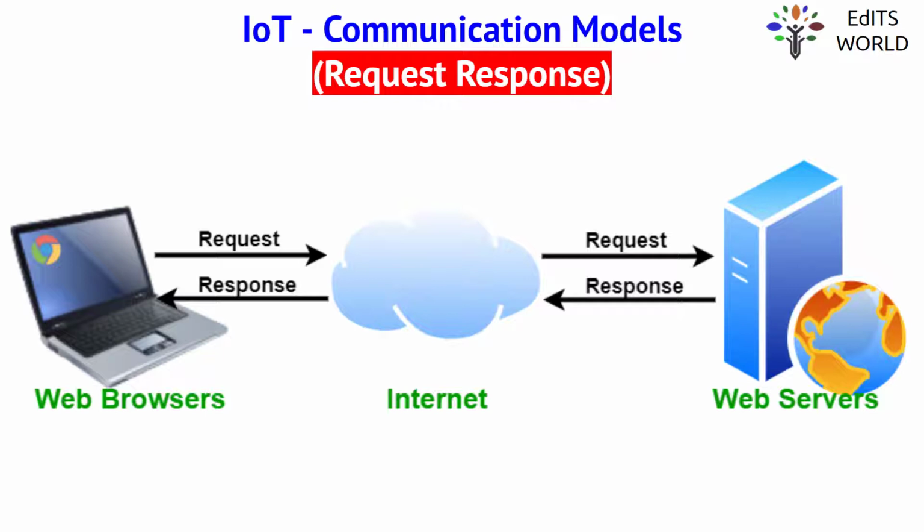This communication model is known as request and response. So basically, we put in our request, and we get a response from the other end. A detailed video on IoT web application is already made and the link is shared in the description box.